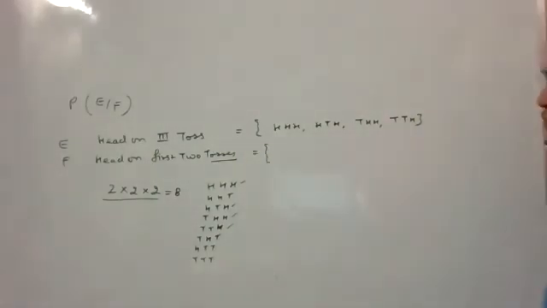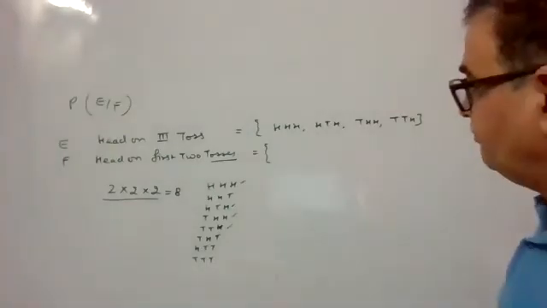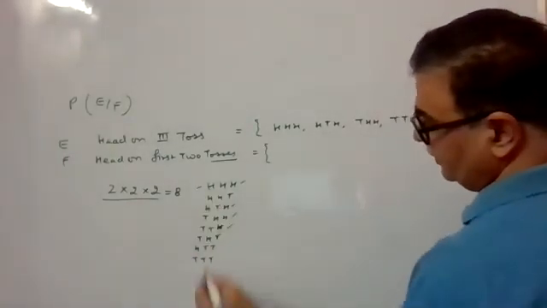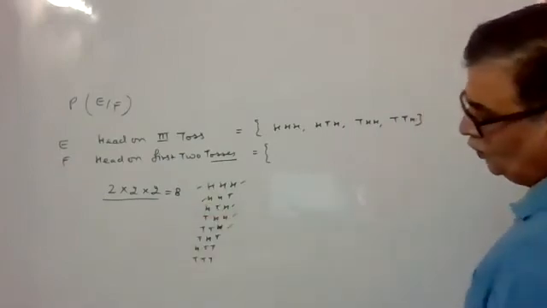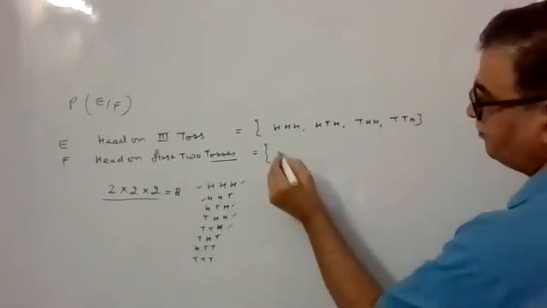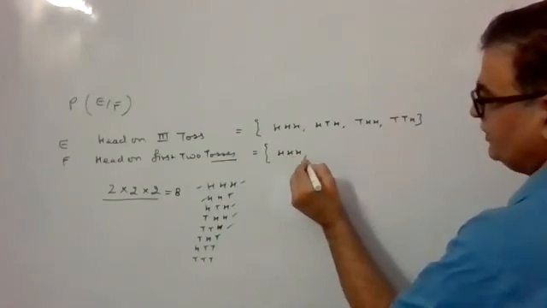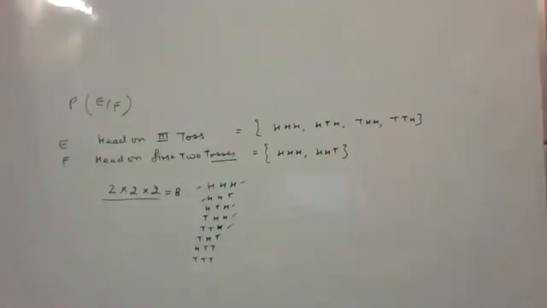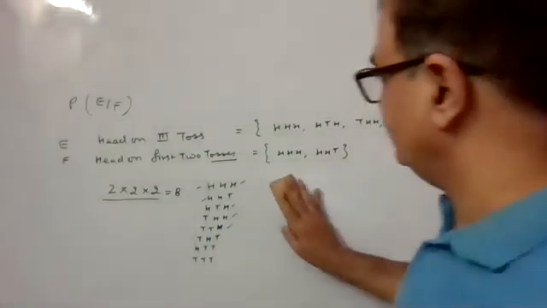Then head on first 2 tosses. Look, one is this, one is this, only 2 cases will come: HHH and HHT. Total cases are already 8.